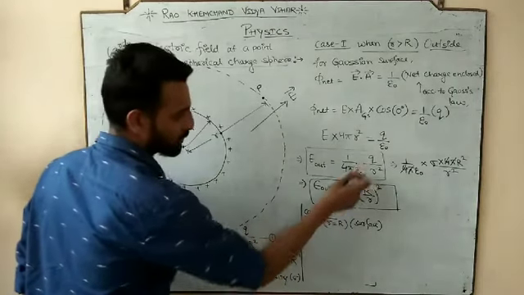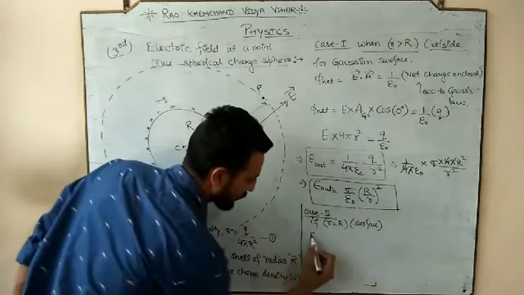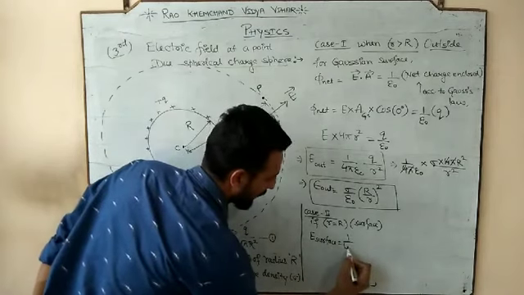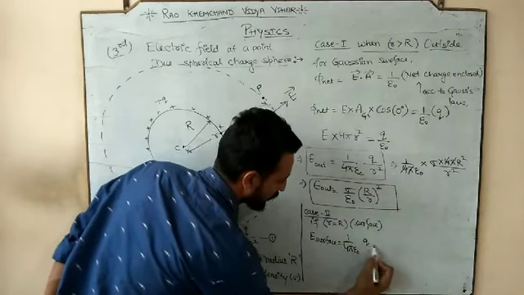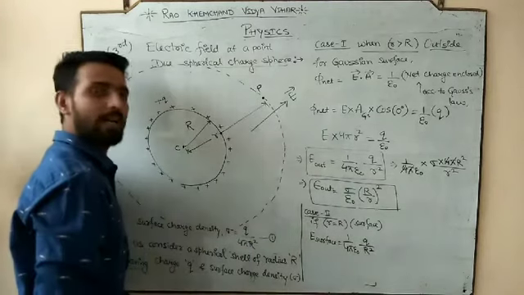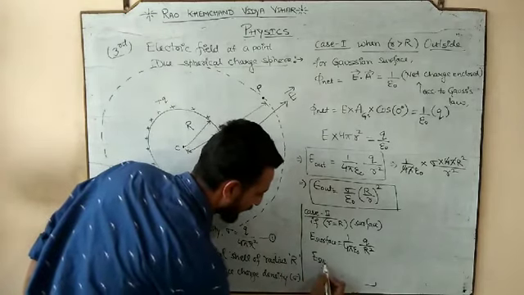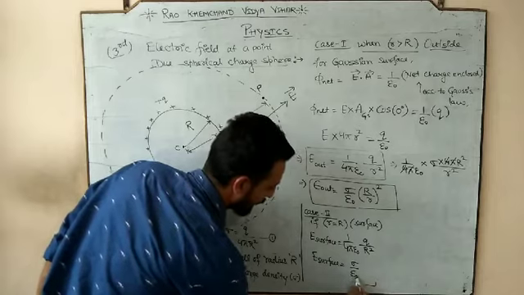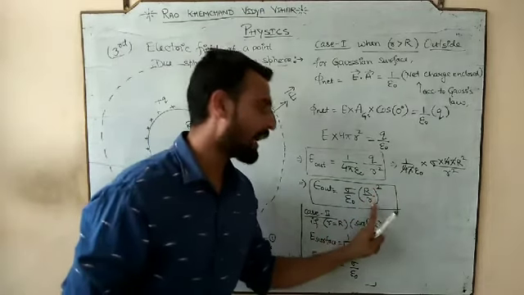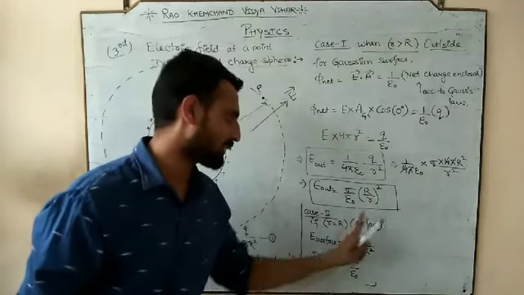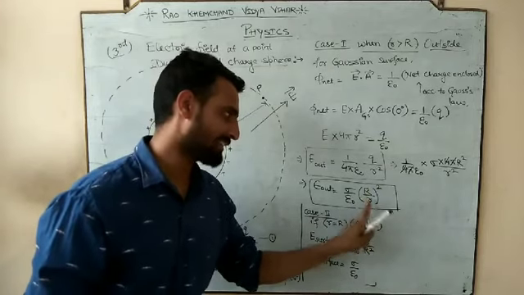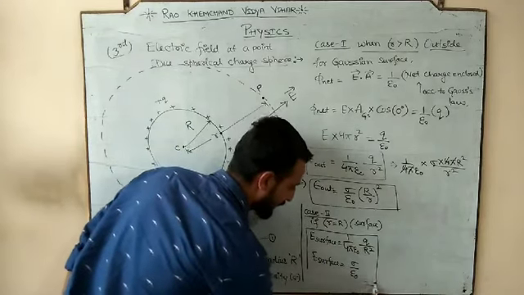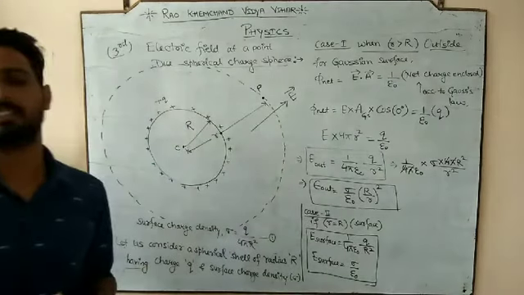So E surface, what would be the formula? 1 by 4 pi epsilon naught Q by capital R square. Or if you want the formula in terms of sigma, it becomes sigma by epsilon naught, capital R square by capital R square, because both the r's are equal. So they would cancel, or 1 square would be 1, and that would be your formula for the electric field when you are at the surface.